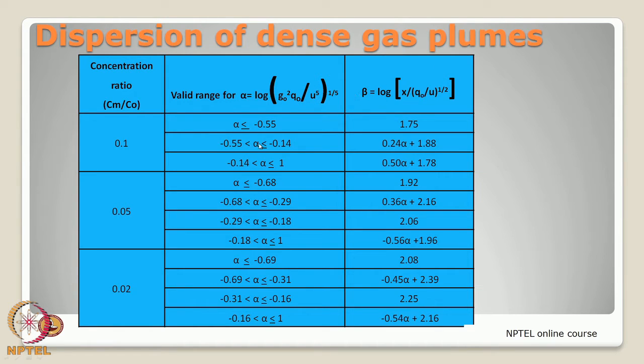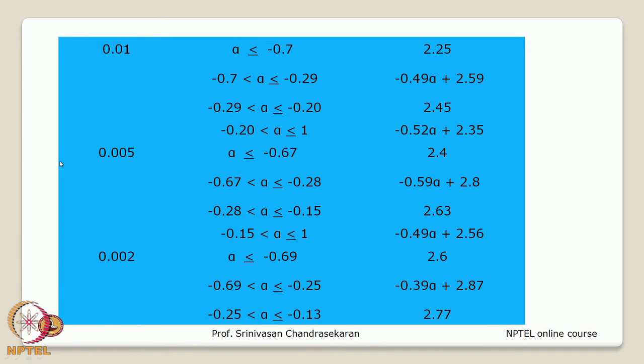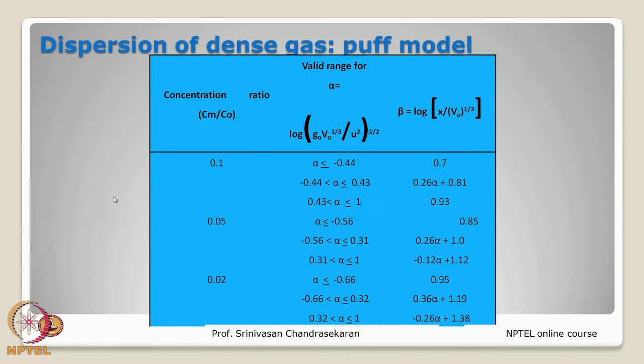For a specific value of alpha and beta and the condition satisfied, you can choose the corresponding value of Cm by C naught, which is the concentration ratio given by the equations in tabular form. For other extended values, you can see the table further to compute the concentration ratios.